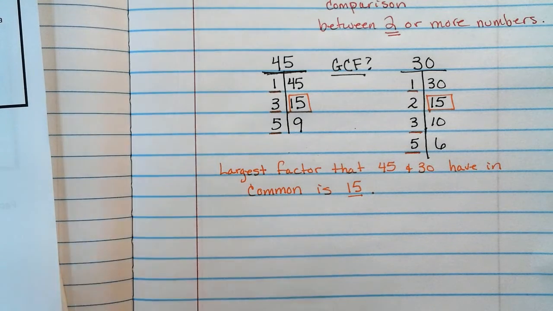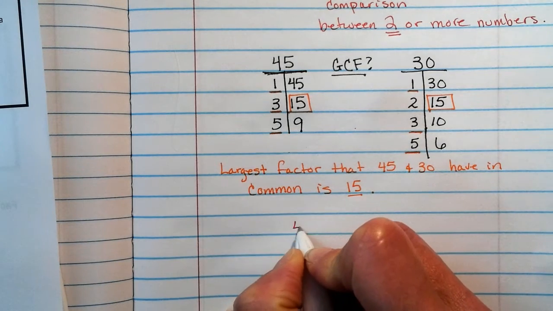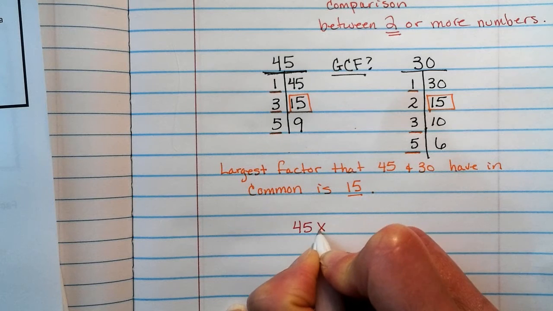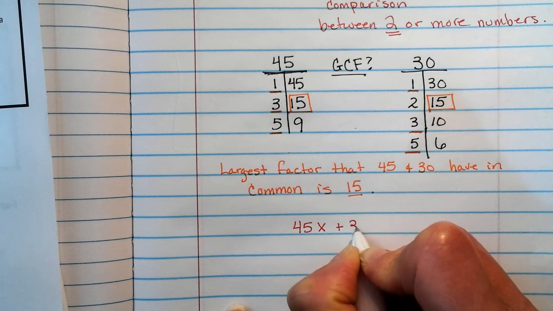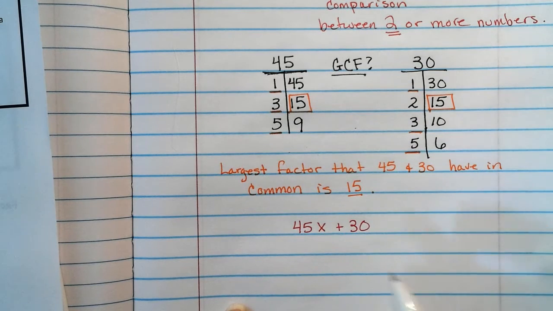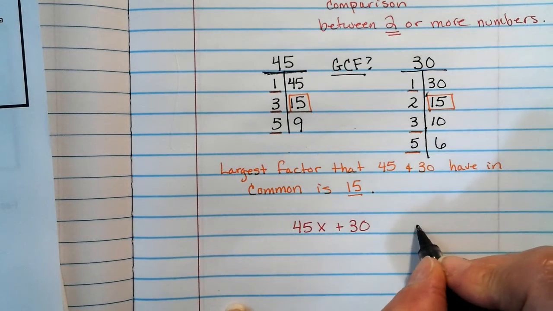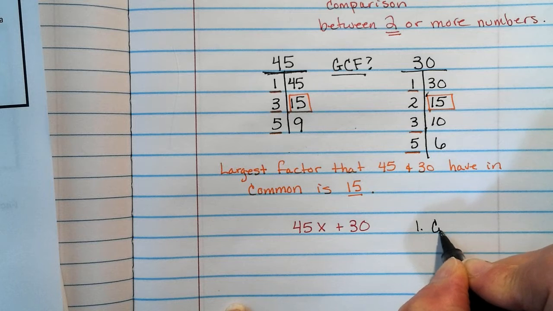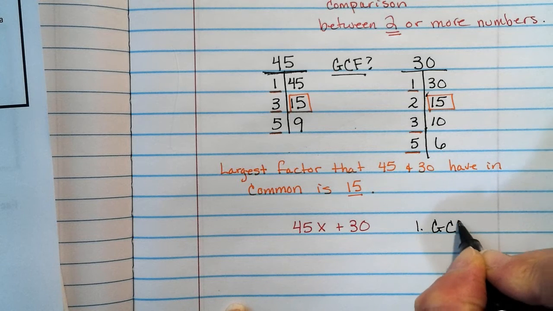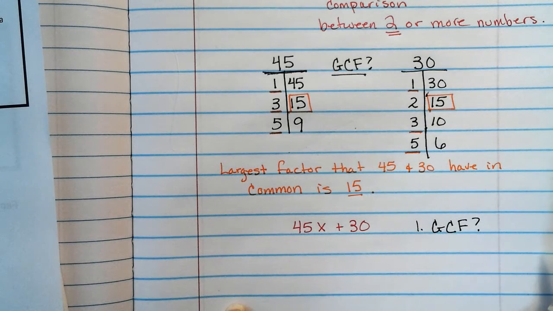So let's say I have 45x plus 30. And I want you to factor this. Well, the first thing I'm going to do is I'm going to say, what's the greatest common factor?